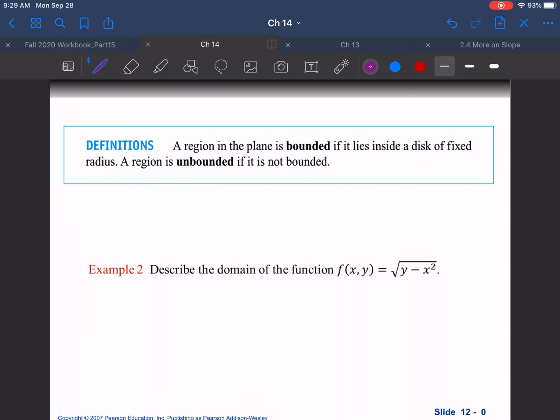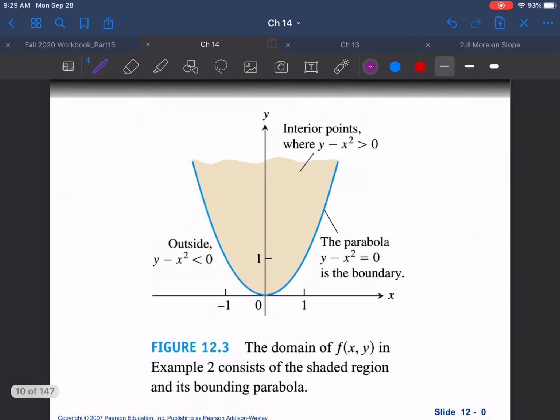So here we're going to describe the domain of this function. We already did a couple pages back where we need y to be greater than or equal to x squared. That's our domain there. We have the or equal to, so we would have a boundary on that one if we were thinking of it that way. Okay, here we've got the same thing.